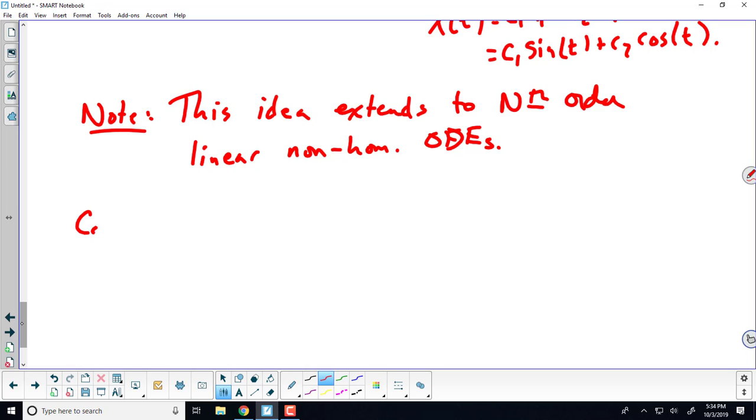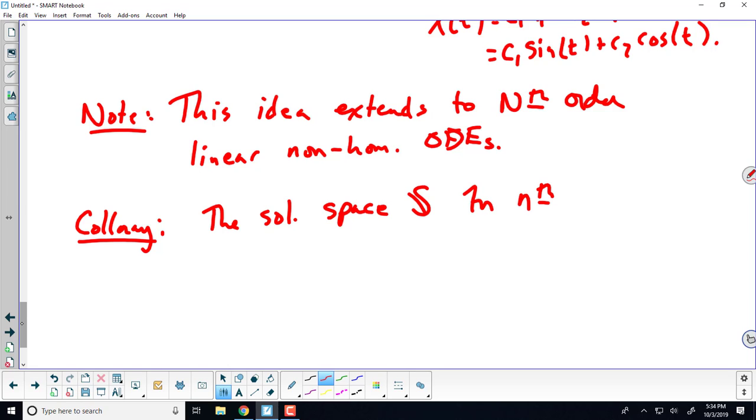So specifically, what we've said is the solution space for an nth order linear homogeneous ODE, I need a shortcut for writing this.